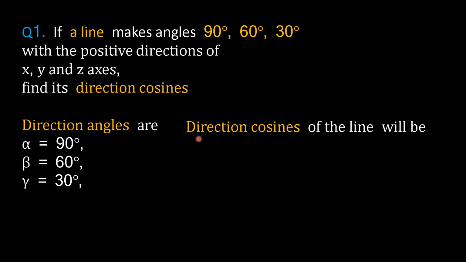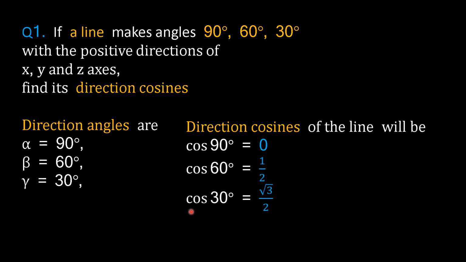So the direction cosines of the line will be cos 90 degrees, that is 0, cos 60 degrees, that is half, and cos 30 degrees, that is root 3 by 2. So these are the direction cosines: 0, half and root 3 by 2.